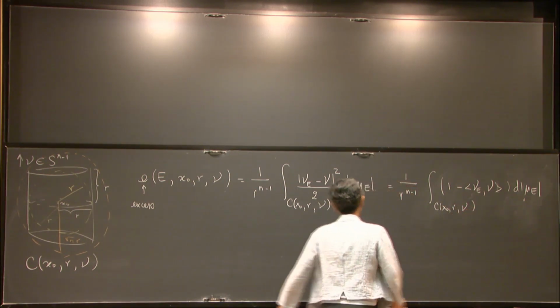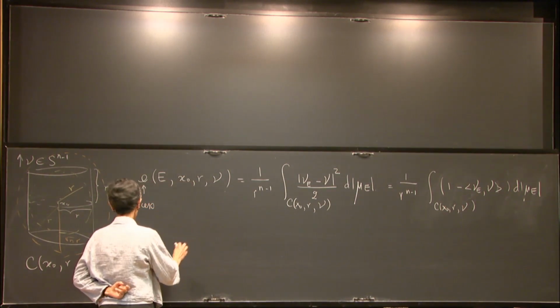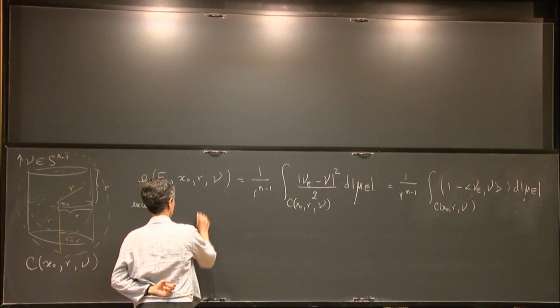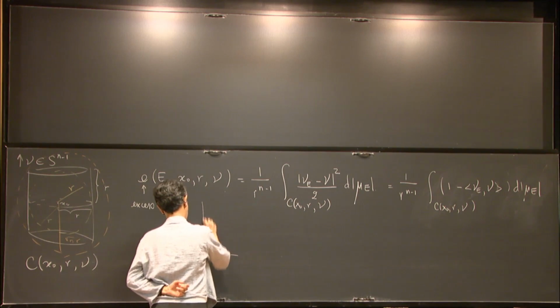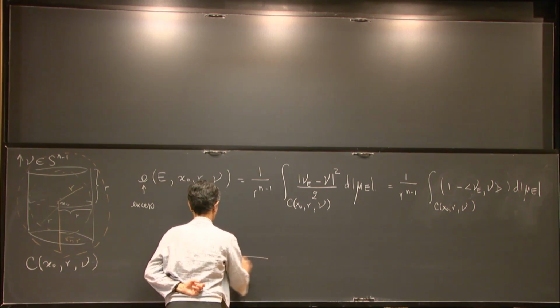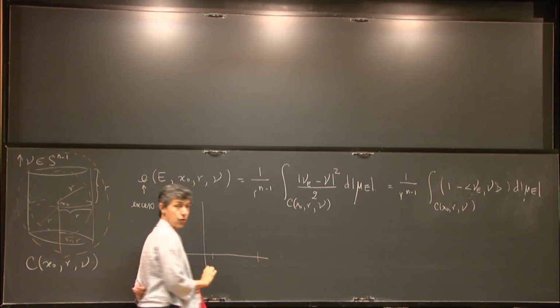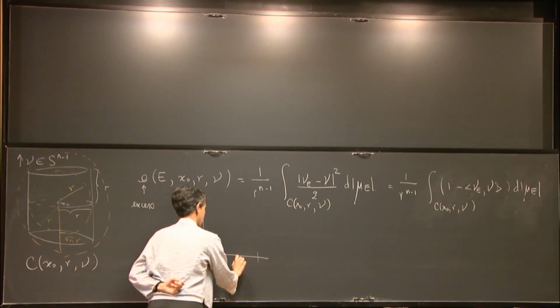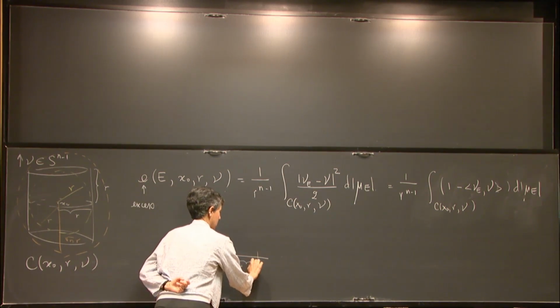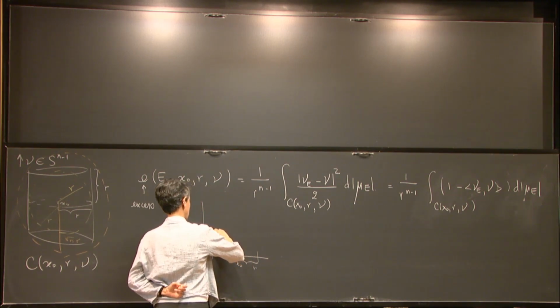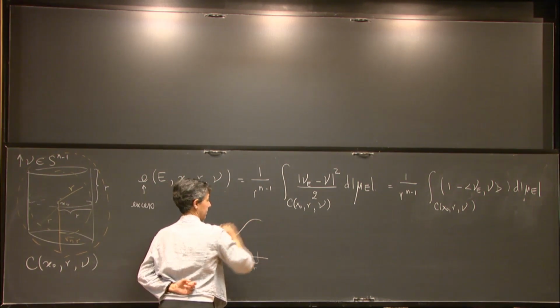Well, this quantity happens to be the same thing. So I'm going to draw my picture. Let's imagine this is my cylinder, okay? So this is my x naught. This is R. I have a lovely graph.